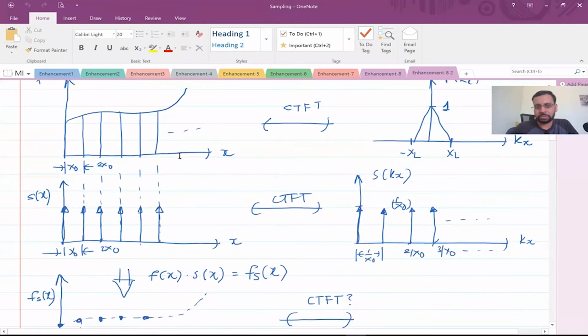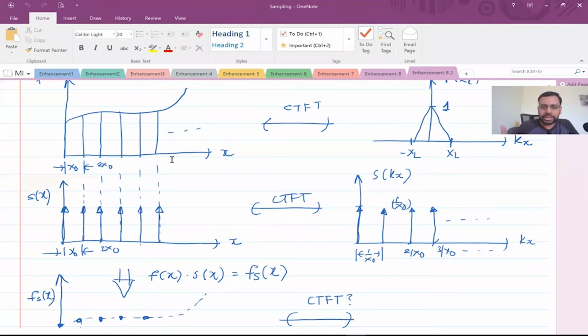Now, the question that we are posing ourselves is, suppose instead of this whole continuous time signal, I am keeping only samples of the signal, instead of keeping track of the whole signal at all points, which is of course infeasible when you are doing it on a computer, right? So now once you are taking samples of the signal, you get some new Fourier transform, right?